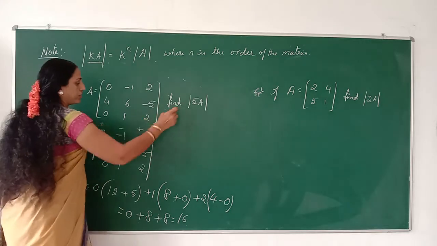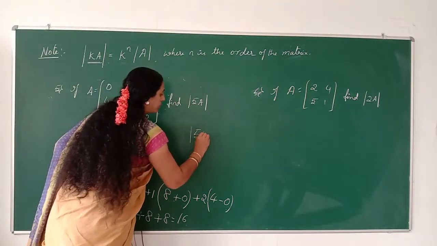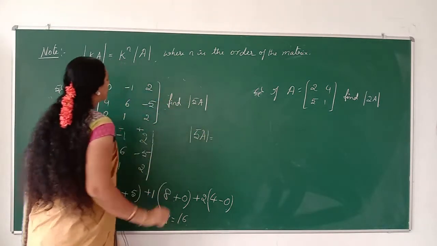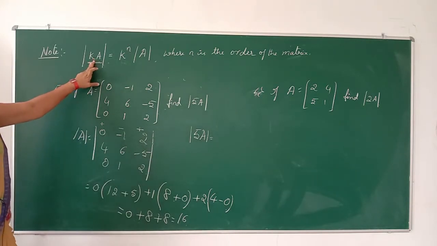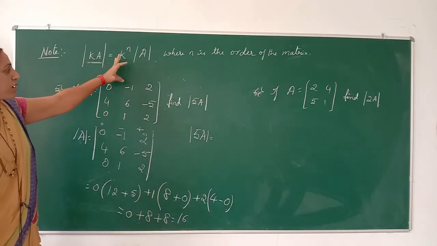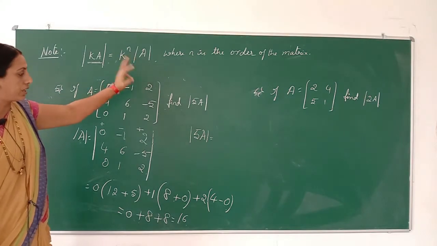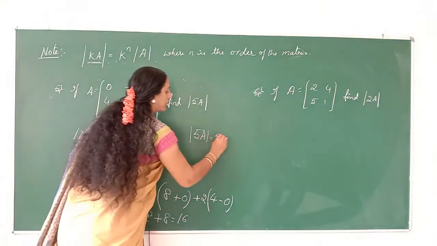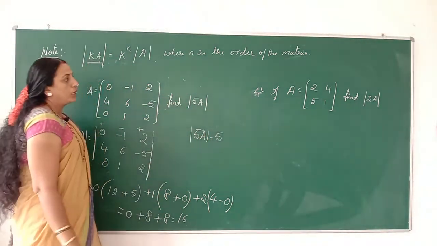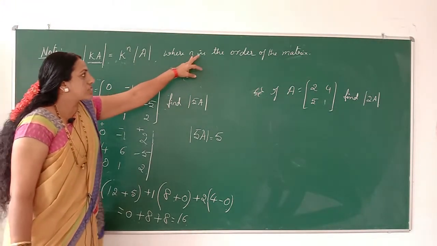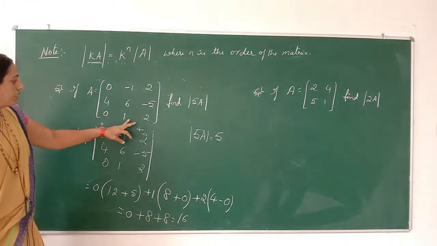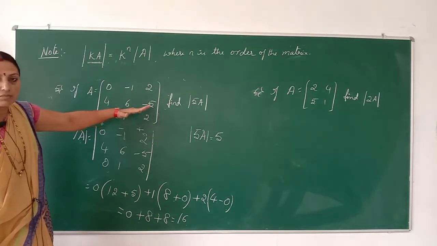After that, to find the value of the determinant of 5 into A, by using that property, the determinant of K into A is nothing but K power of n into the determinant of A. Here K means 5 to the power of n, where n is the order of the matrix. The order of the given matrix is 3.